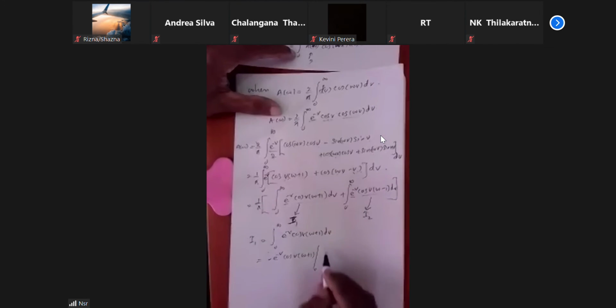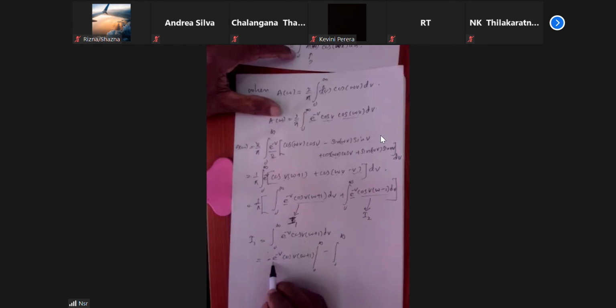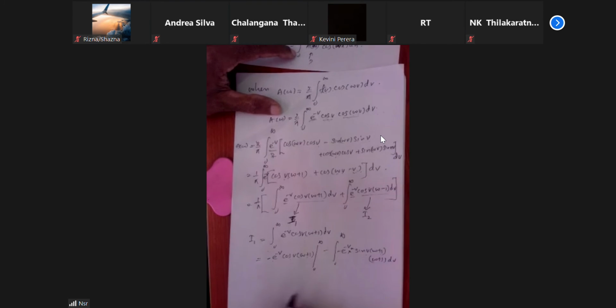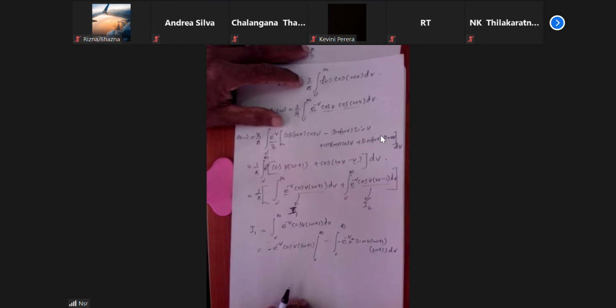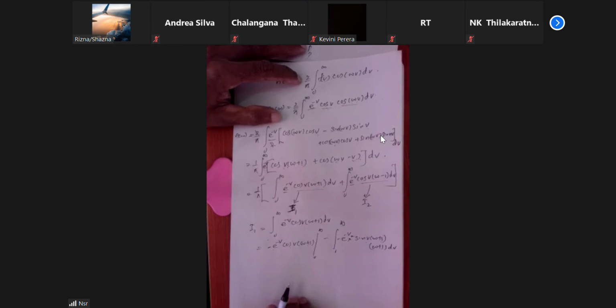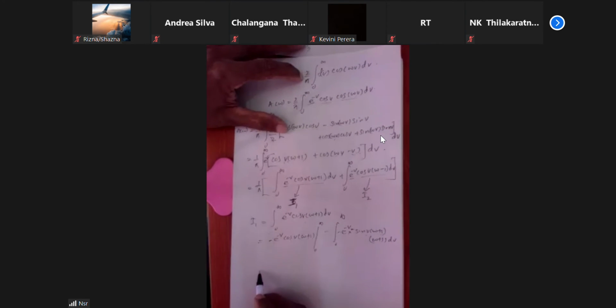I substitute 0 to infinity, minus the integral from 0 to infinity of the integrated function, this one, minus e to the power minus v, times the derivative of the second function, that is sine, so minus sine v omega plus 1, and the derivative of the inside means omega plus 1, because it is a function of a function, dv. Is it clear? Clear, sir.